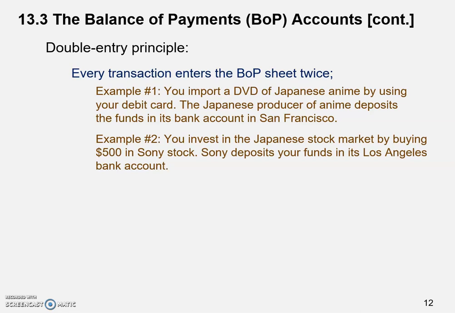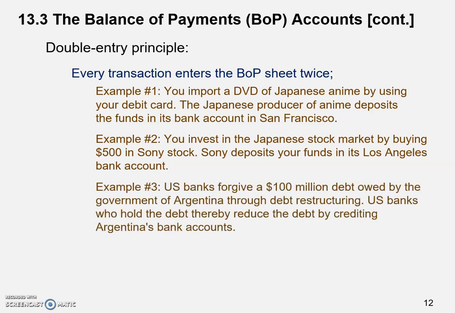Like the previous example, this bank in Los Angeles sold a financial asset to Sony. The asset here would be a deposit, $500, so it will be a credit under financial account. Putting together, it's going to be recorded as a debit and a credit under financial account. For each one, it's going to be $500.